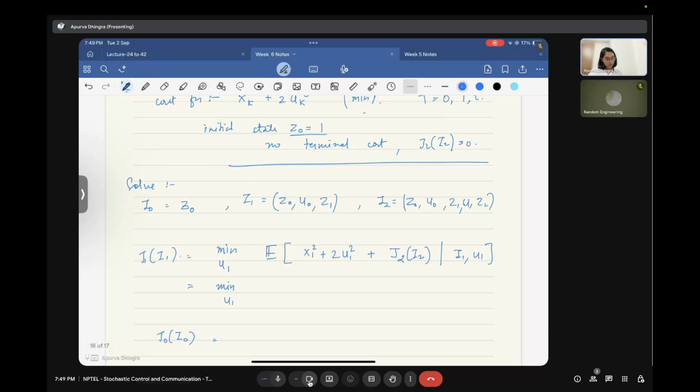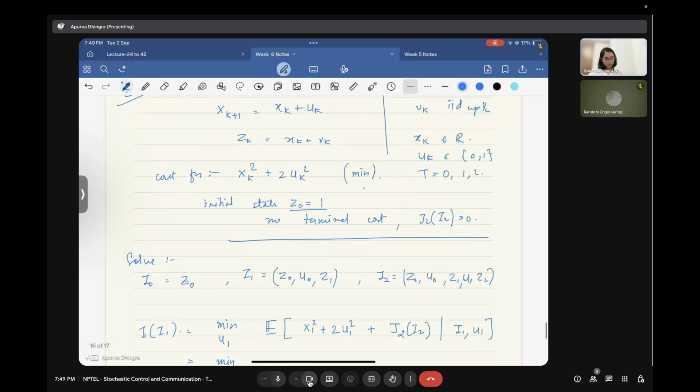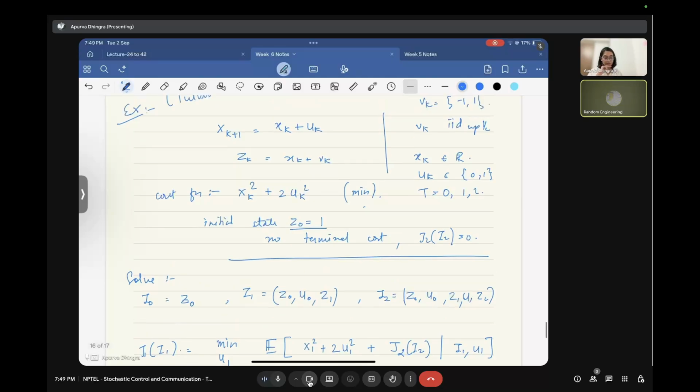So now, what is the source of randomness up till this point? X1 actually, but no. Here randomness is not there, right? There is Vk, no?